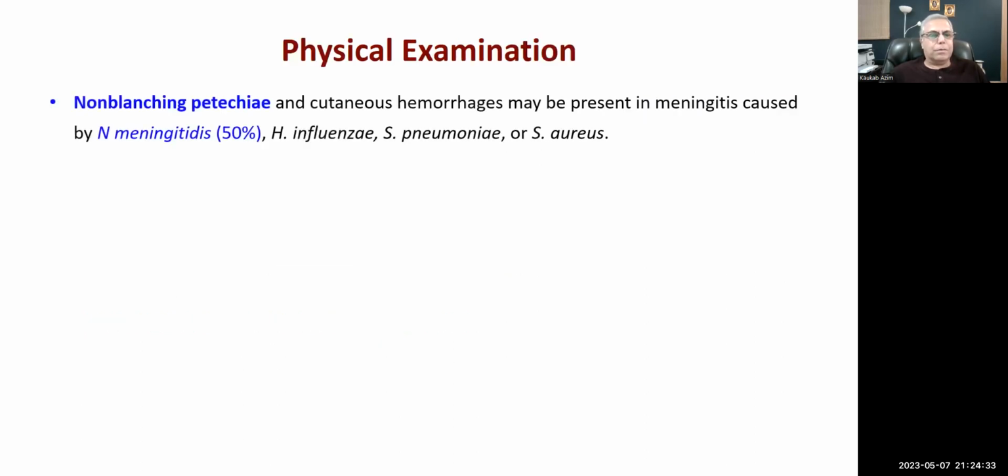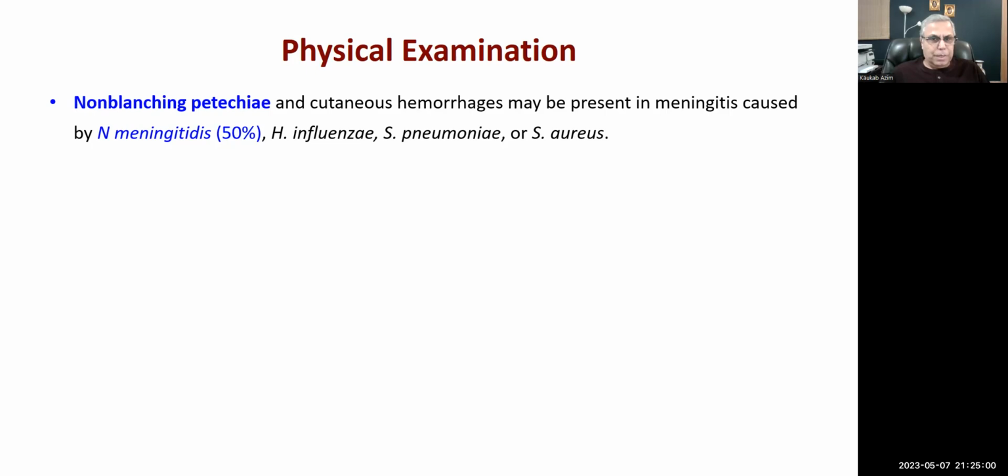Physical examination: non-blanching petechiae and cutaneous hemorrhages may be present in meningitis caused by N. meningitidis. So the picture that I showed you in the beginning, maybe it's there once again. N. meningitidis is the one that most commonly causes these non-blanching lesions. Non-blanching means when you press them, they don't turn white.